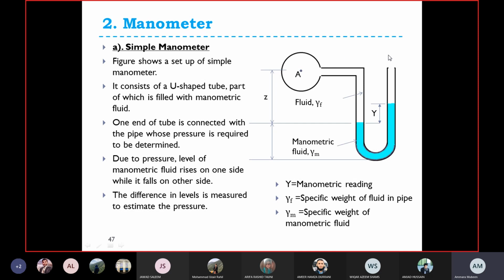One end of the tube is connected with the pipeline. This is the cross section of the pipeline, and the other end of the tube is free, open.